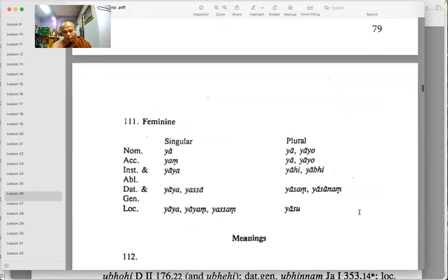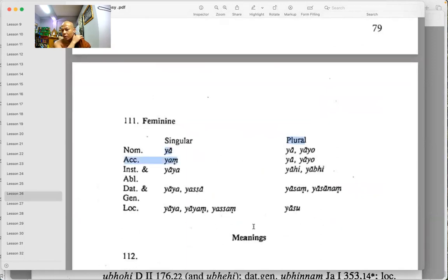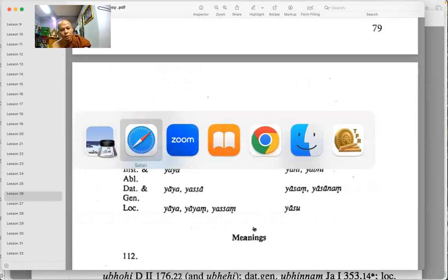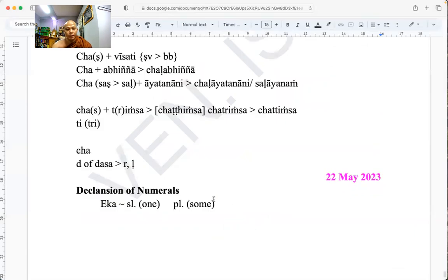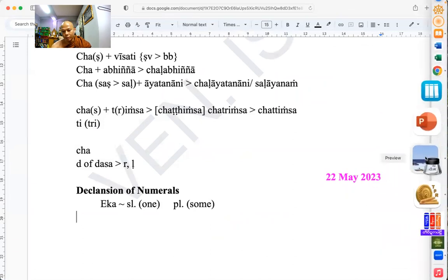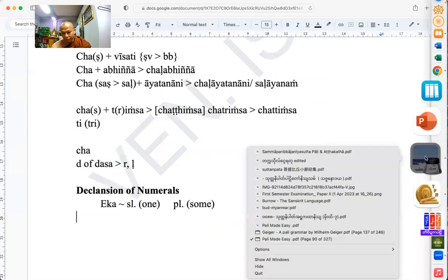And also the feminine gender: ya, yo, and so on. Even though Pali is said to decline this way, it is actually not exactly the same as ya. That information we can see in other books.